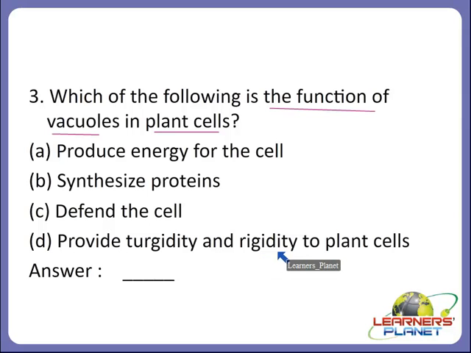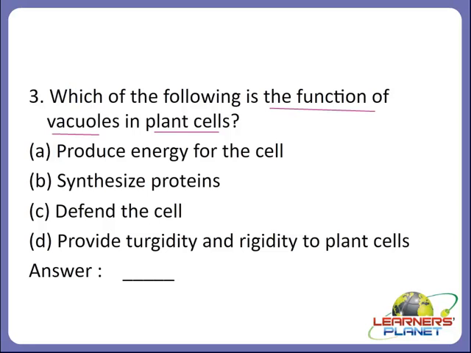So the next option left here is, it provides turgidity and rigidity to the plant cells. So this could be the related function of vacuoles. Why? Because vacuoles are the reservoir of sap. They are filled with material in the form of sap. What is this sap? It is a syrupy solution filled inside the vacuoles.